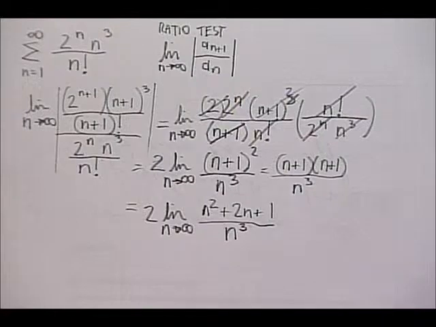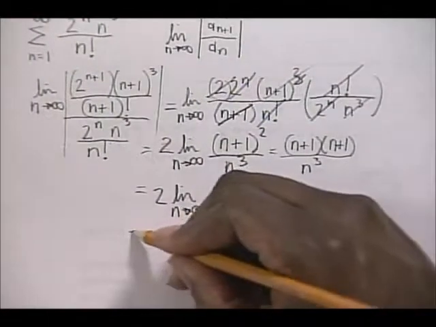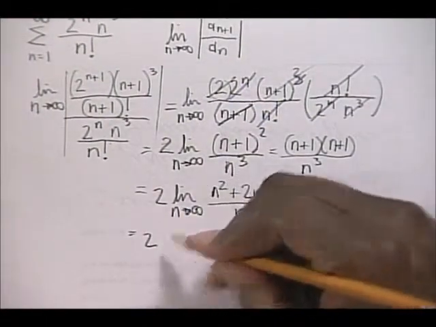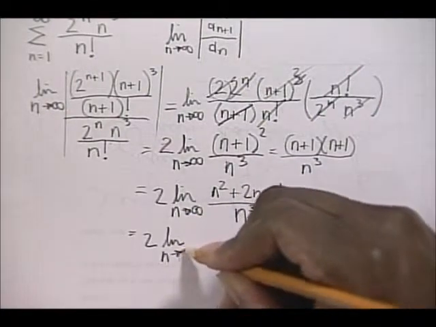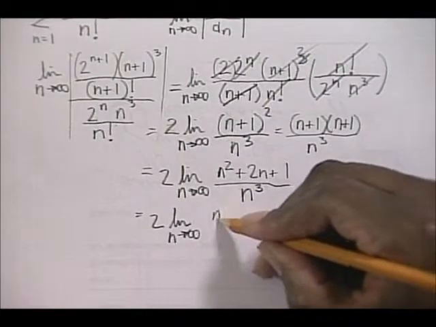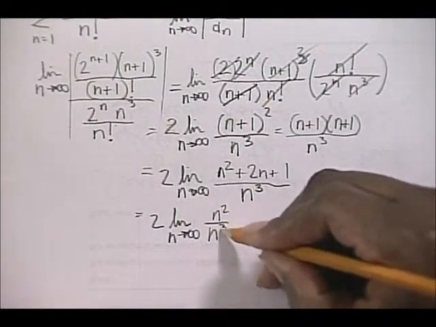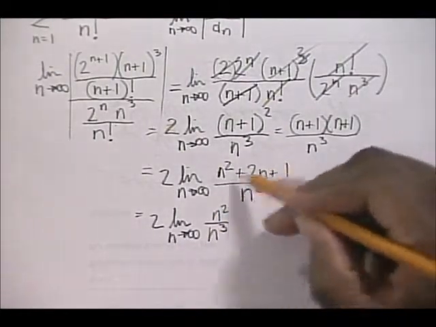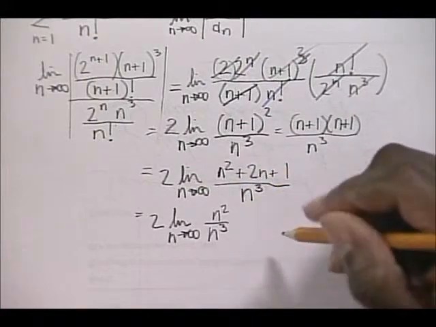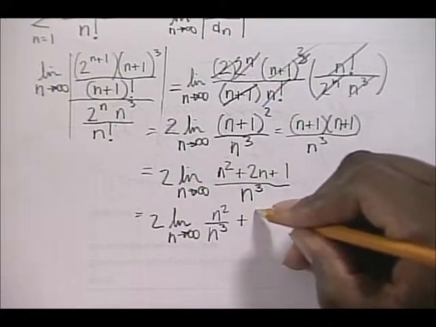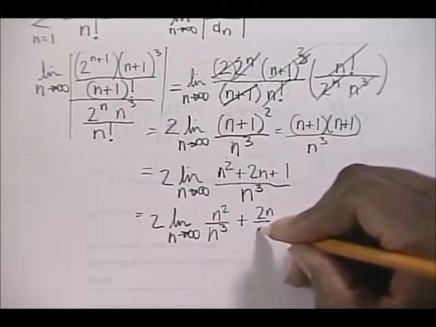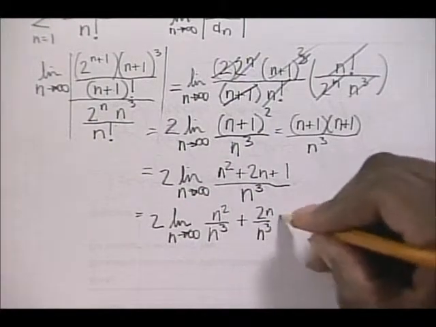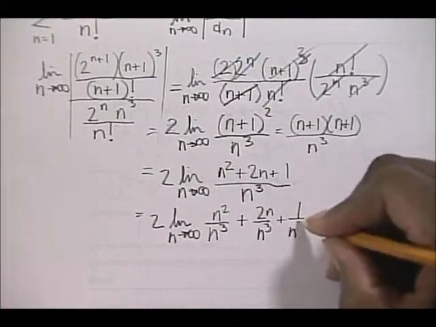Now it's a lot easier to evaluate this limit. So you get 2 times the limit as n approaches infinity of n squared over n cubed. Some of you might see what this limit is right away, but I'm just showing all the work, plus 2n over n cubed plus 1 over n cubed.